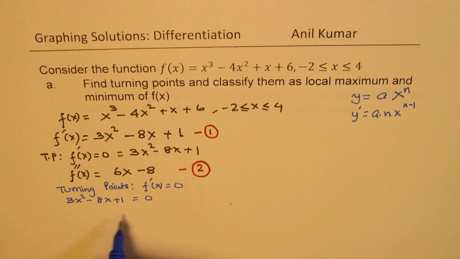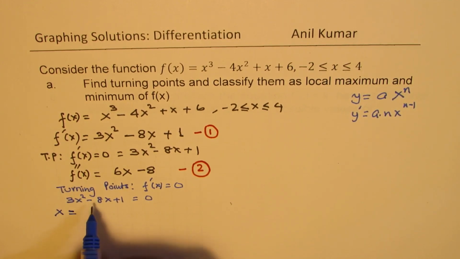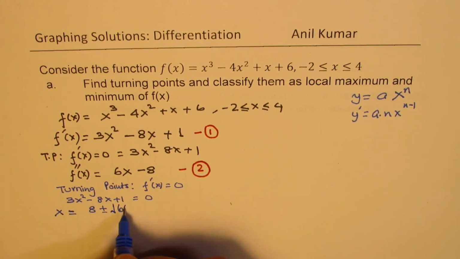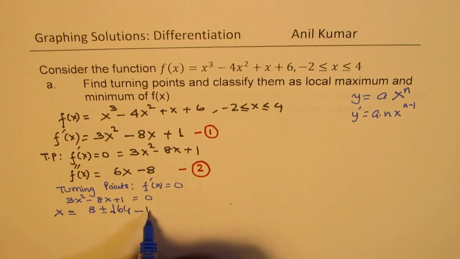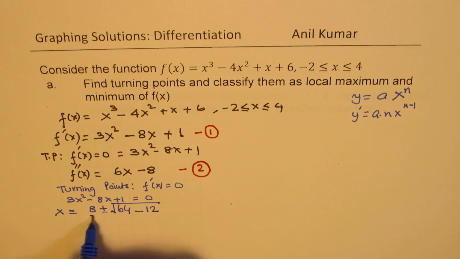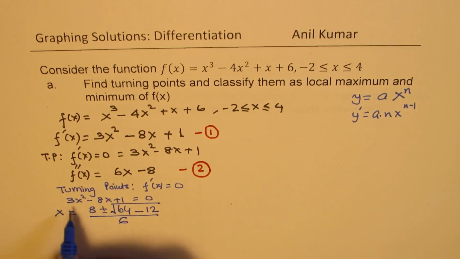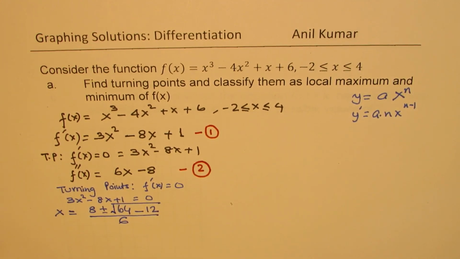So using that formula, we get x equal to minus of b, which is 8, plus minus square root of b squared, minus 8 squared is 64, minus 4ac, 4 times 3 is 12, over 2 times a, which is 6, 2 times 3. Is that clear to you?